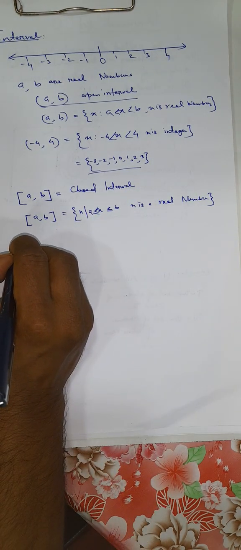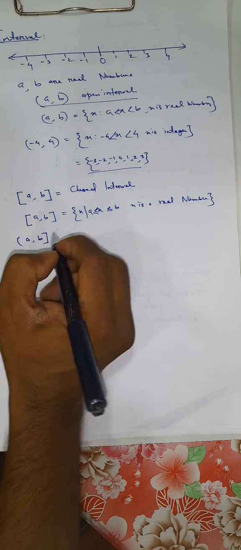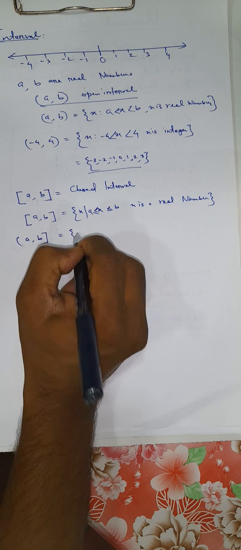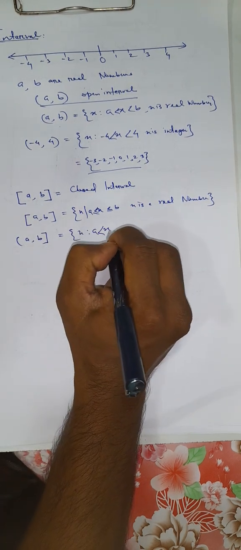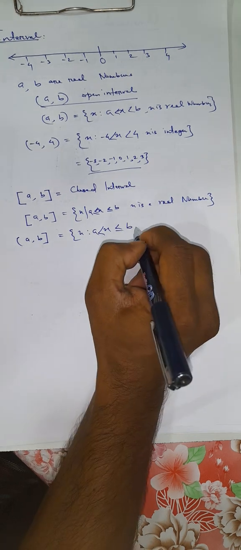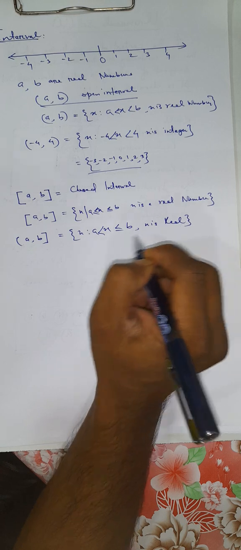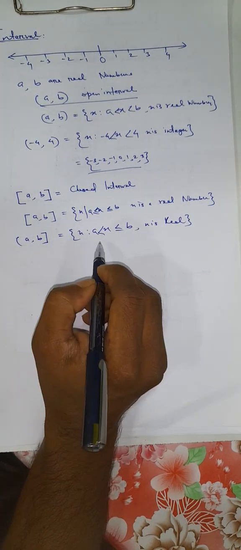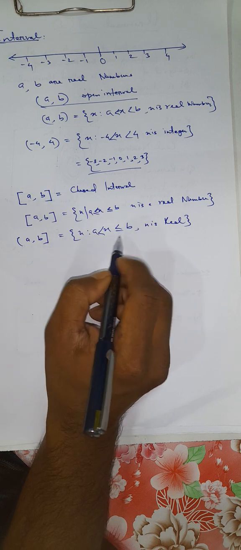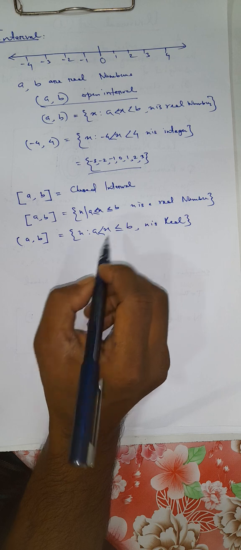Now what will this set contain? This will contain x such that x is greater than a but less than or equal to b, x is real, right? Here one side open, that means x is greater than a, and this side closed, x is less than or equal to b.